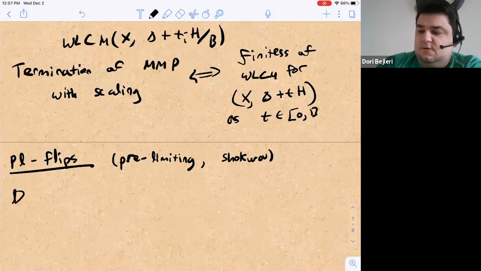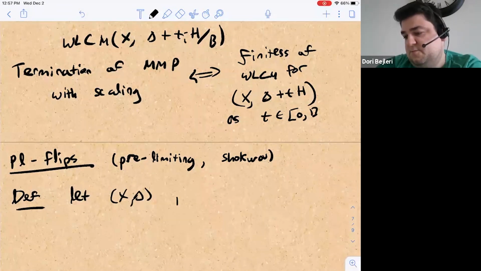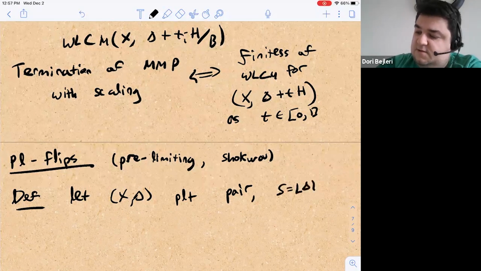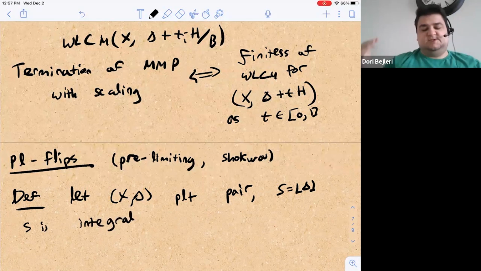So let (X, delta) be a KLT pair. Or actually, no, let it be a PLT pair. And suppose that S is the round-down of delta, and let's suppose that S is integral. So we know it's normal because the pair is PLT, and let's suppose we just have one component.